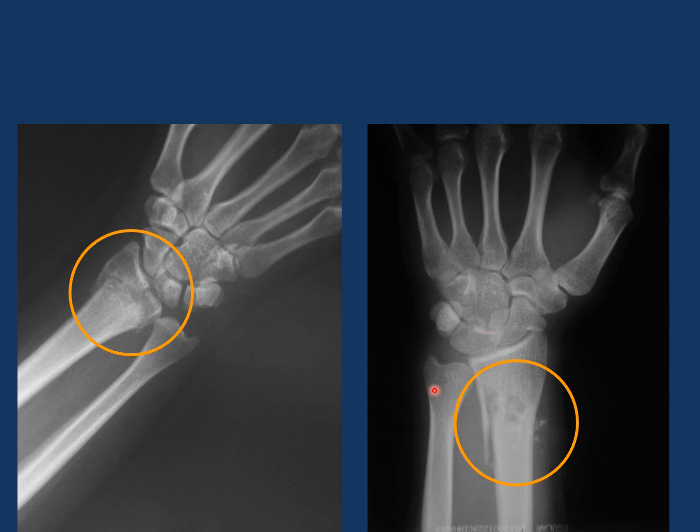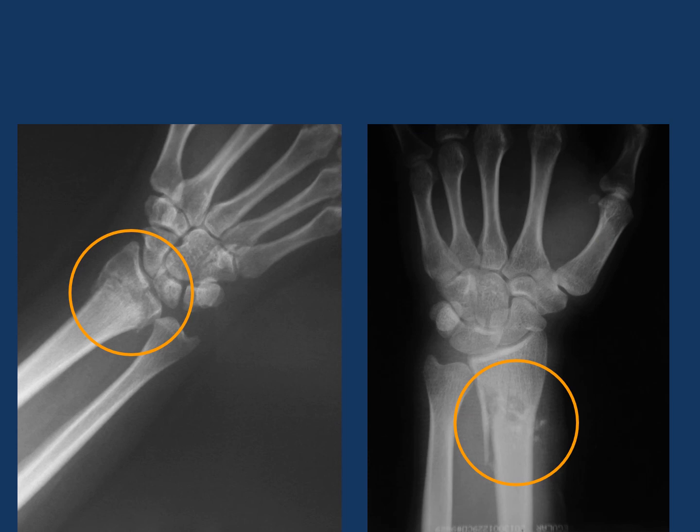We see here the ulna, the radius. Included would be the carpal bones. So when we look at the radiographs, even if your request is only for, say, the carpal bones, if we see fractures in the radius or the ulna, we have to include that in our report.